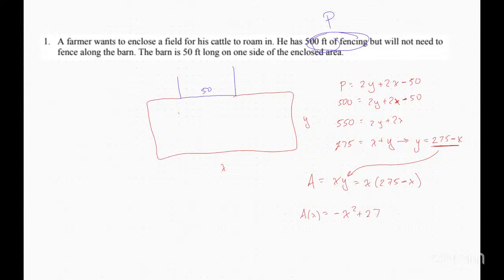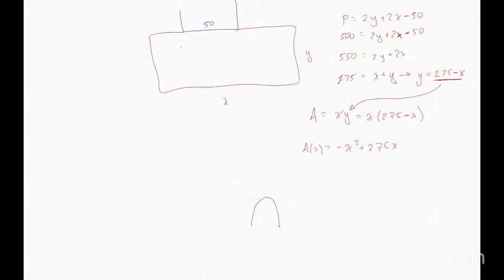So you're going to have a max point. How do I find that max point? Negative b over 2a. You don't need your calculator. So it's 275 divided by 2, which is 137.5.